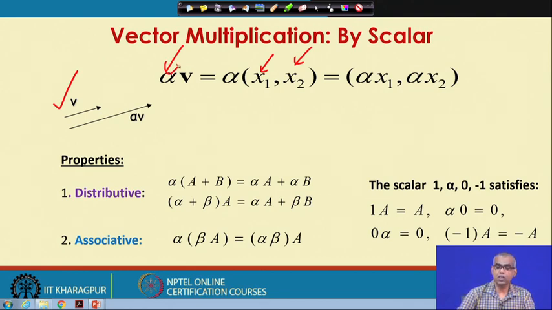What happens is each element of the vector gets multiplied by alpha. So, the direction of the vector remains same, but its magnitude changes. Magnitude becomes alpha times the vector. So, it becomes scaling.